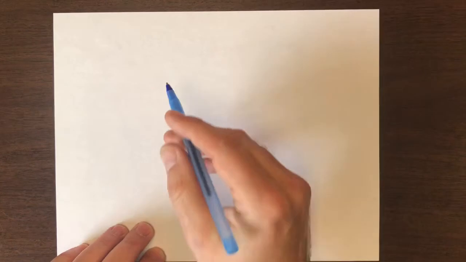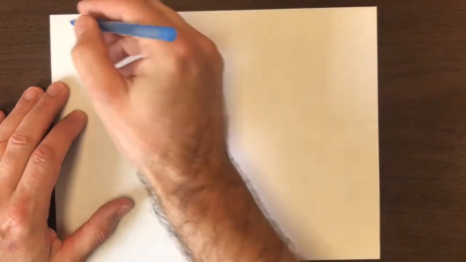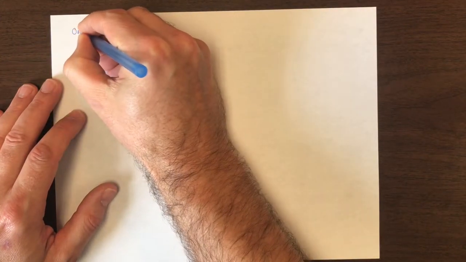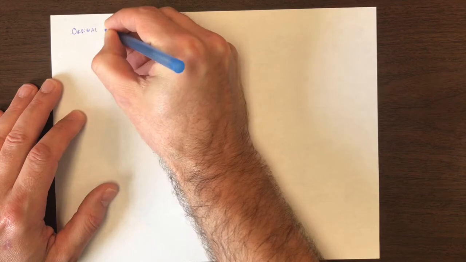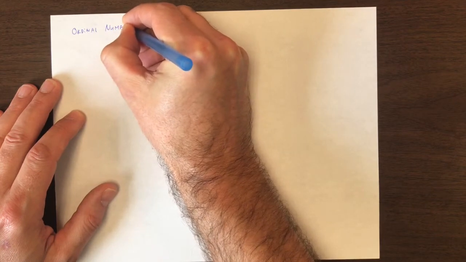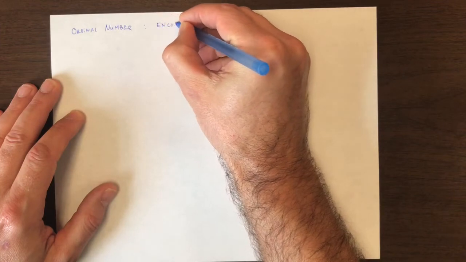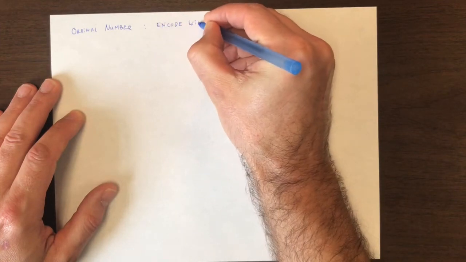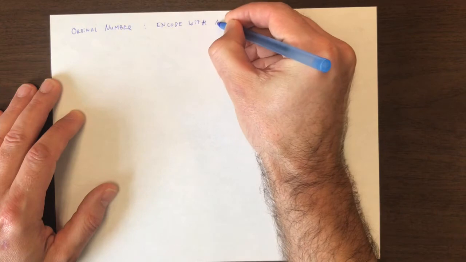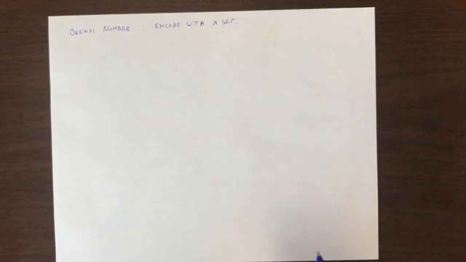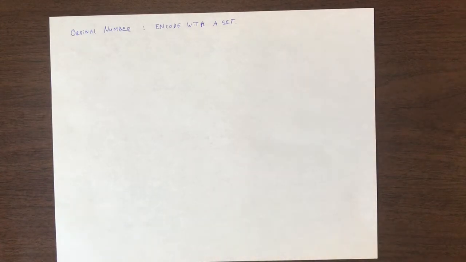Each ordinal number will be encoded with a set. In fact, in pure set theory, the only things allowed are sets.